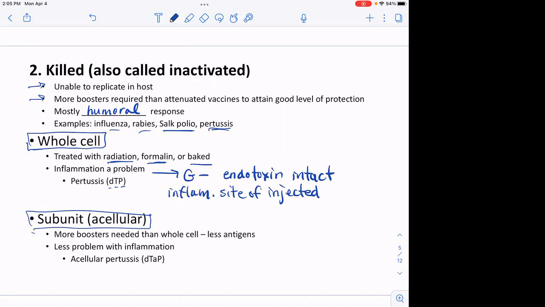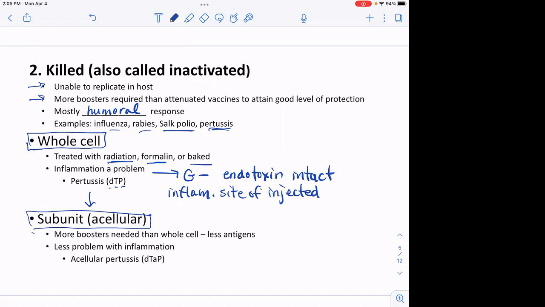So about 20 years ago, they switched to using a subunit vaccine. In other words, sometimes we call them acellular. So a subunit vaccine just has a piece of the pathogen. Oftentimes it's something from the surface of the pathogen, an important protein that's antigenic.